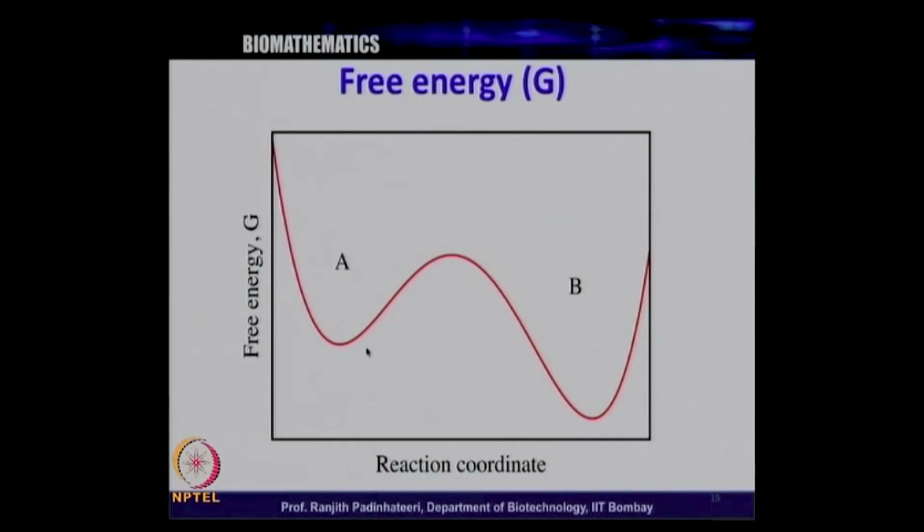To understand this very well, one needs to understand some mathematics behind it. Why this particular shape? What is the meaning of this particular graph? What is the meaning of states A and B? To understand all this, one needs to understand the mathematics behind it. In general, to understand thermodynamics itself, one needs to gain some understanding of mathematics.